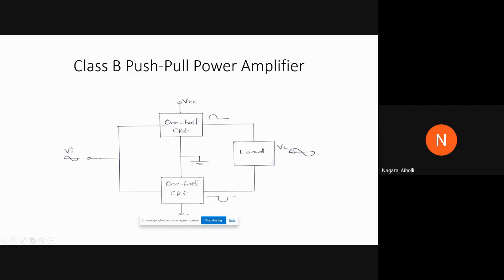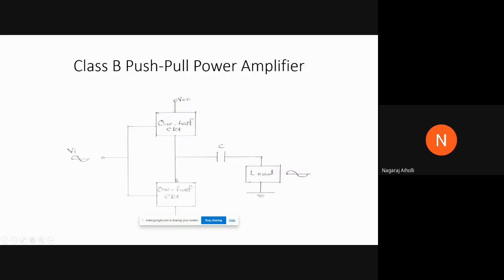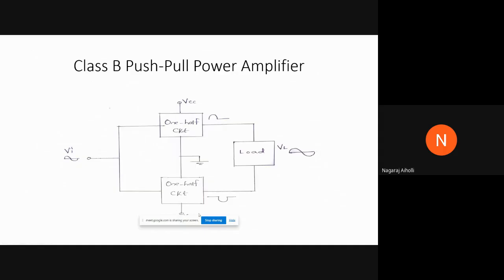Then there is one more configuration which makes use of only one VCC. Only the upper transistor is connected to VCC, and the other portion which was supposed to be connected to VCC in the previous configuration is not connected to VCC, but is connected to ground. Then the two circuits are interconnected.